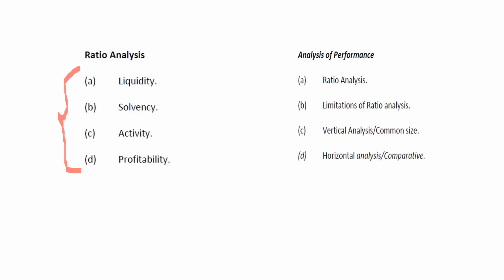Activity, those relating to sales and volume, sales to asset and sales to expenses ratios, and then you have profitability as well: markup, margin and net profit percentage. So you should be able to calculate these and also explain what they mean.